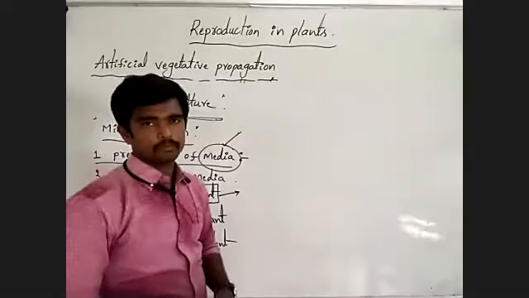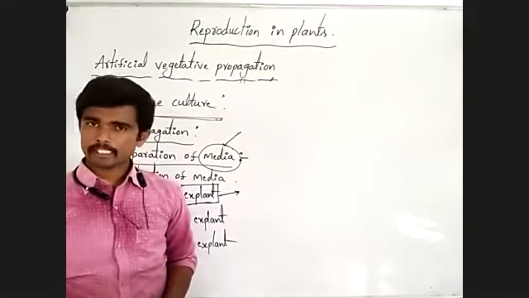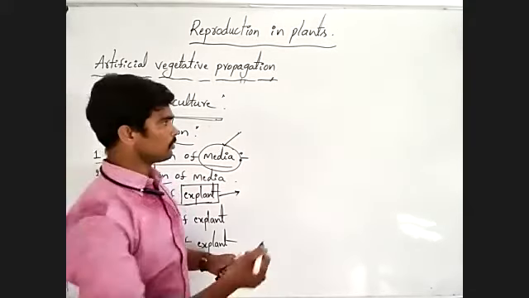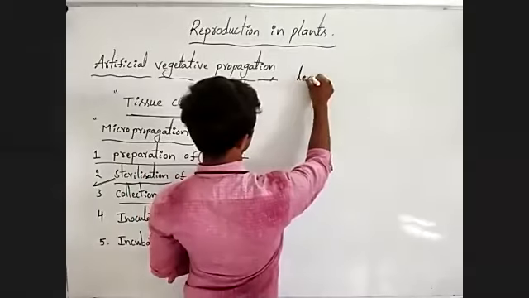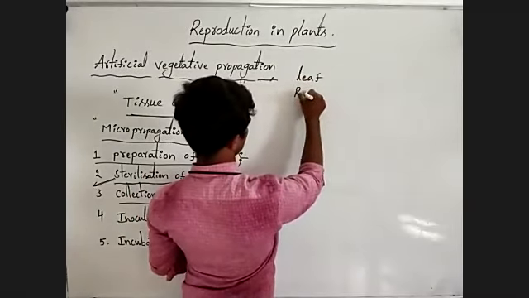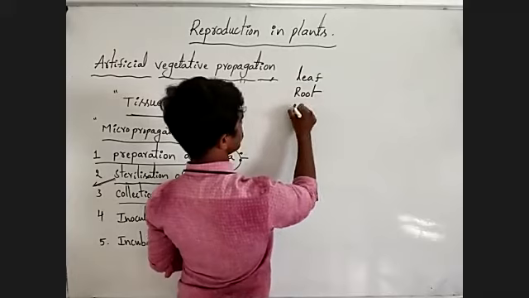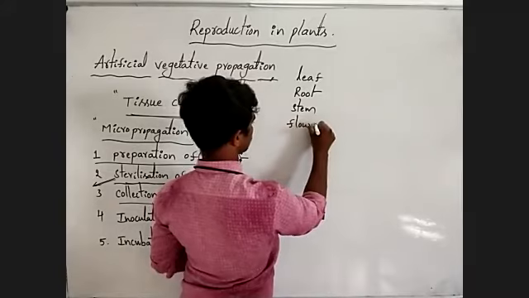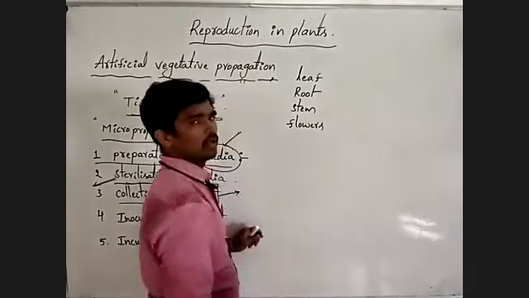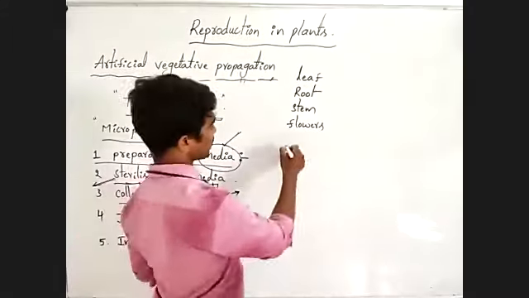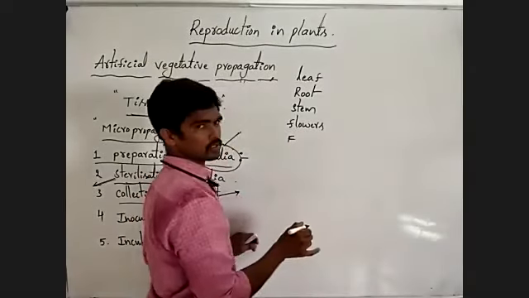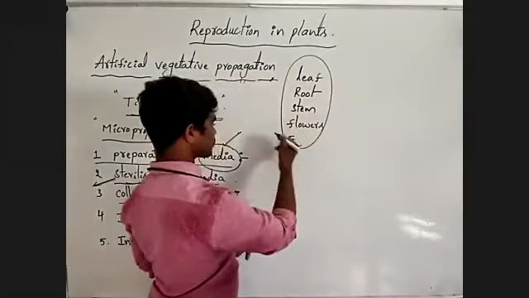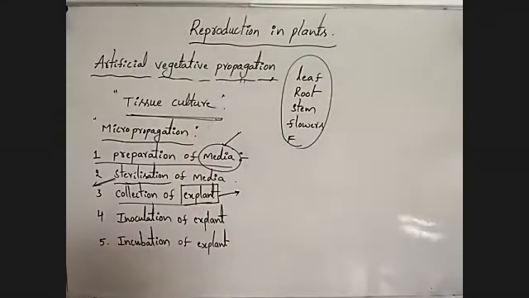We can collect the explant from any part of the plant, for example from the leaves, roots, stem, flowers, fruit, from any part.